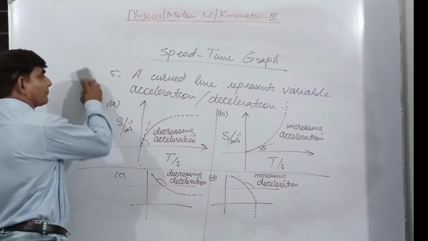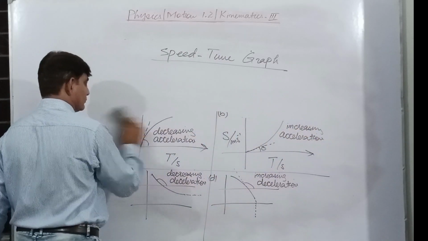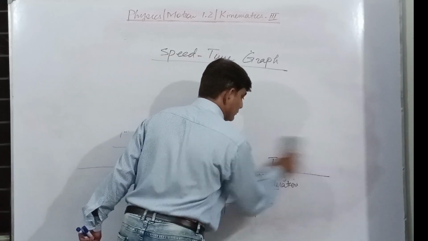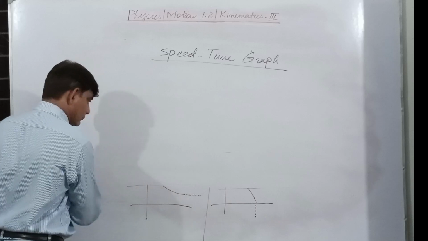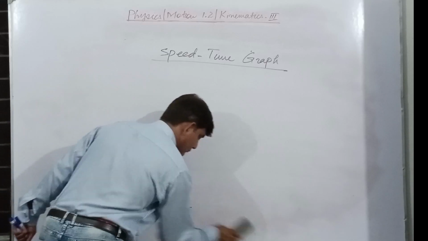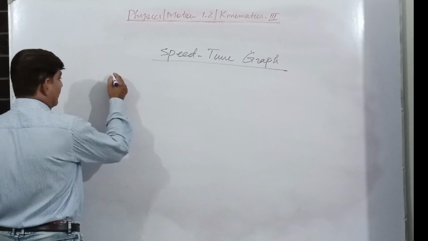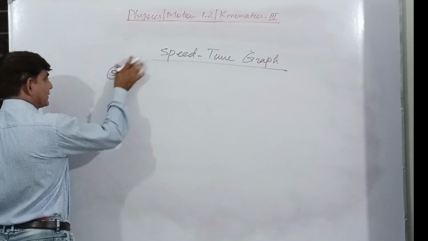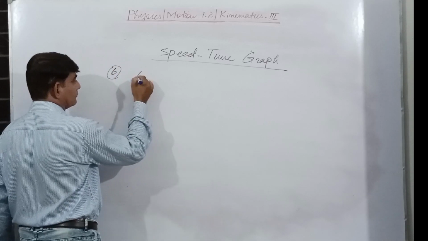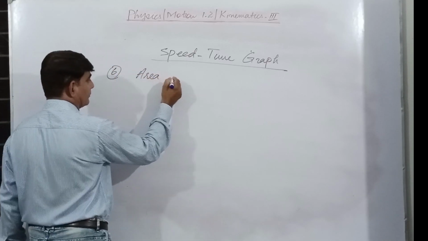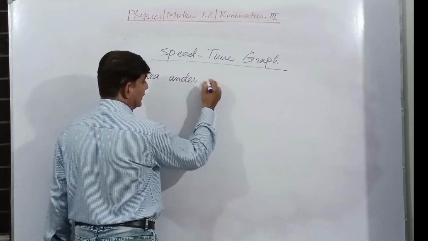This is the last point, point number 6: area under the curve, area under the graph.